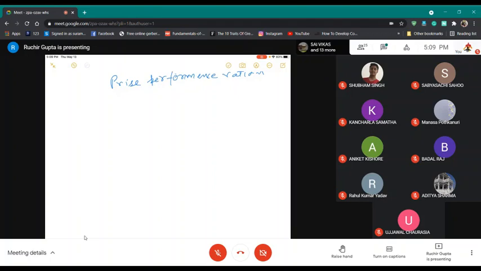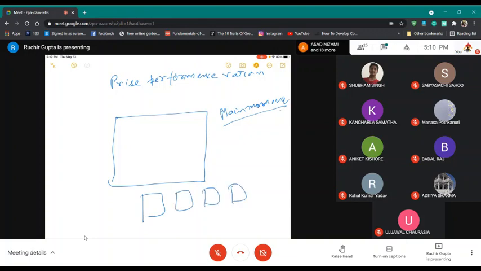So one thing that can be done with main memory is like this. Main memory generally comes in the form of blocks. So if it's an 8 GB memory, maybe there will be 8 blocks or 16 blocks, or maybe 4 blocks.